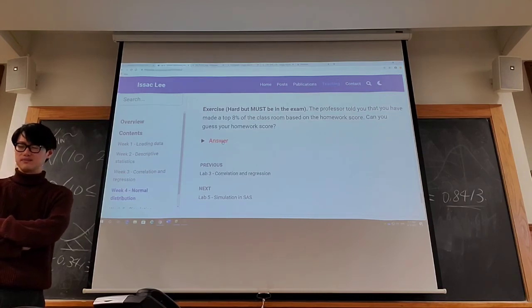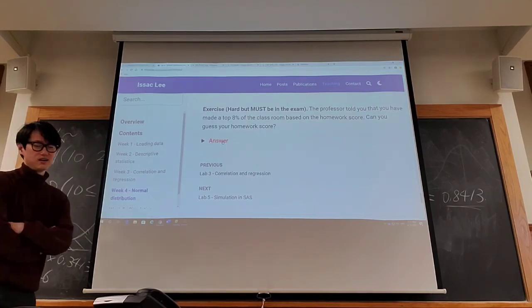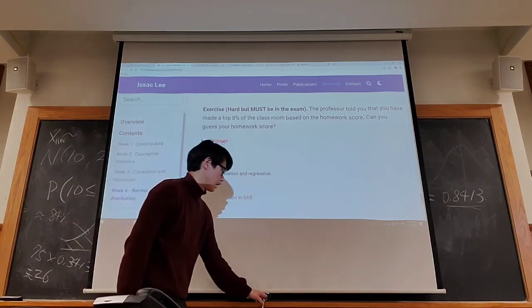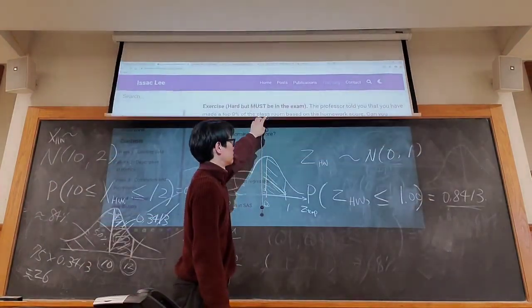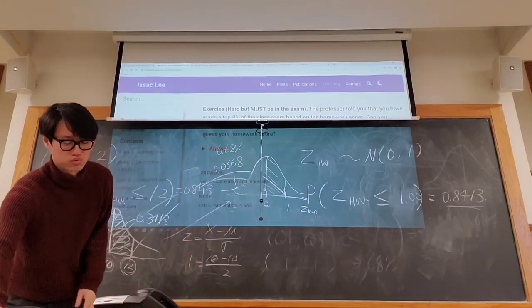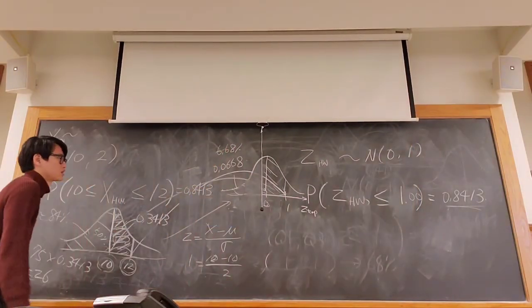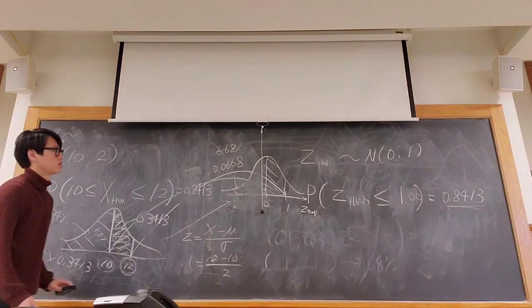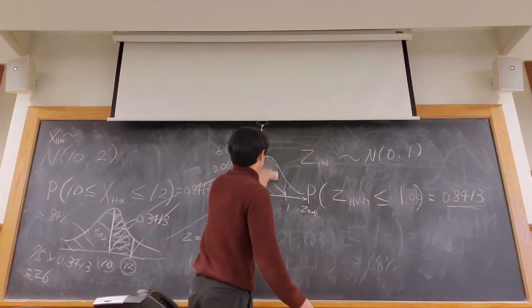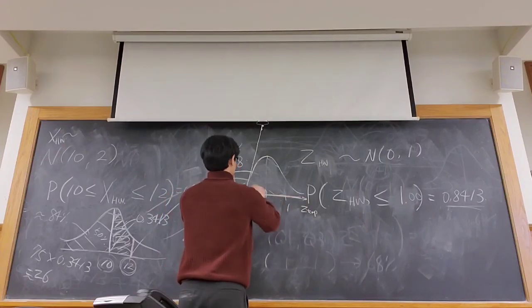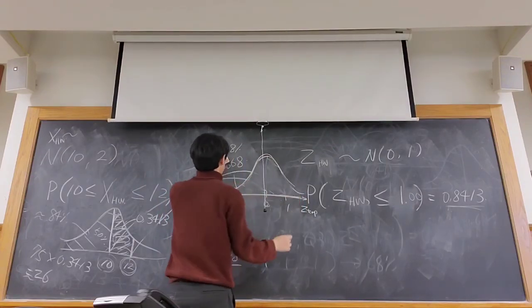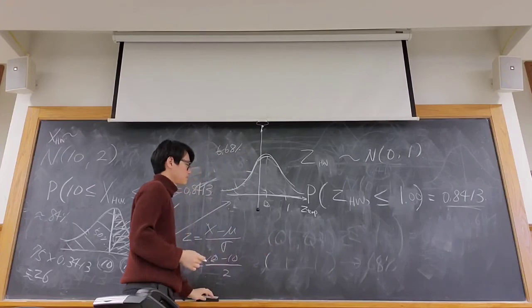12.8. Let me see. So, I'm gonna start in here. So this is our standard normal scale, normal distribution.